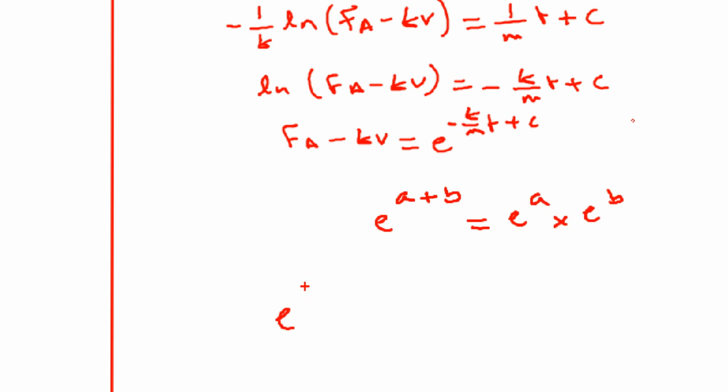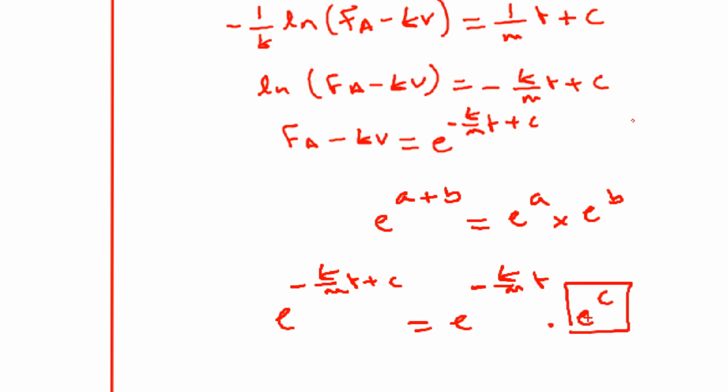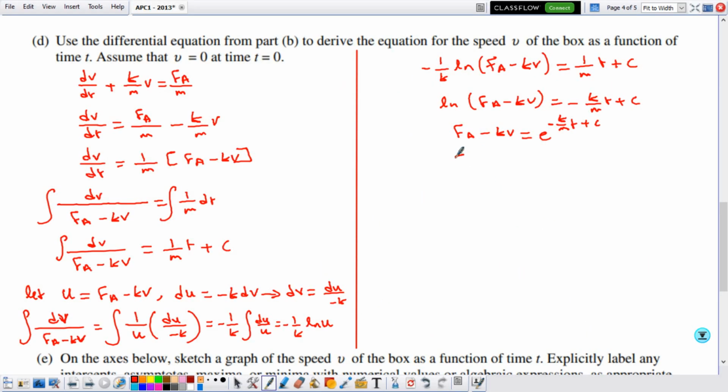Then e to the power of minus k over m t plus c equals e to the power of minus k over m t multiplied by e to the power c, and this can be reformulated to be the constant c again. Then that would be Fa minus kv equals c multiplied by e to the power of minus k over m t.